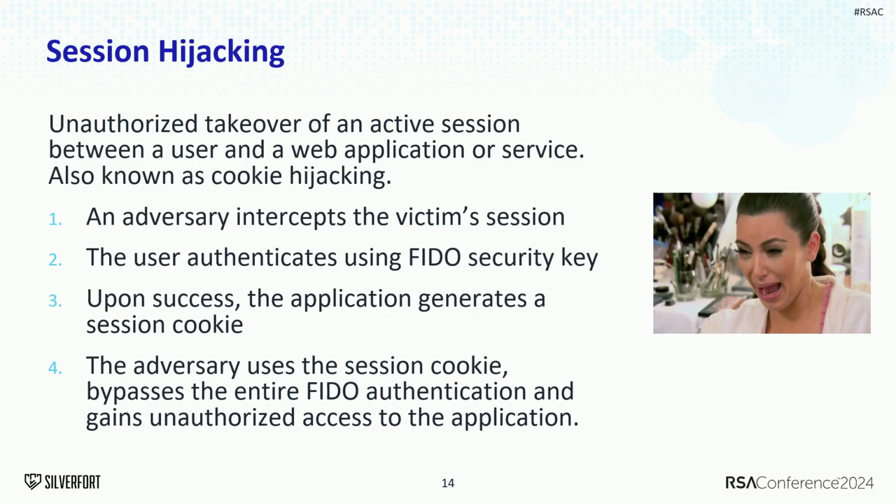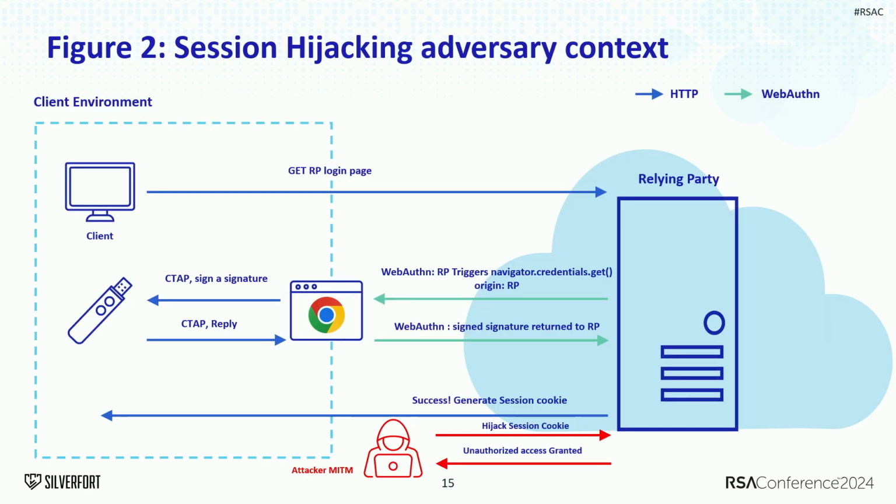So let's see in which context the man-in-the-middle adversary is placed. We can see in the following diagram that the context of the man-in-the-middle is after the authentication is complete, after the session cookie is created.